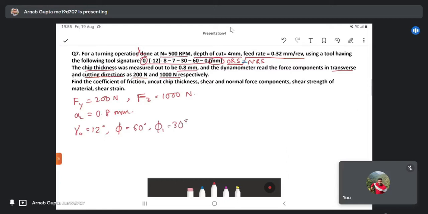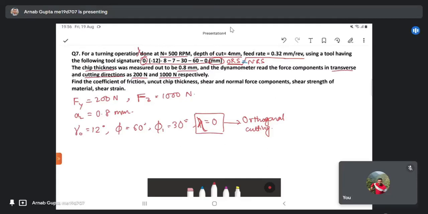These are all the information you know. Since lambda is equal to 0, it is very important to note, you can assume the operation to be orthogonal cutting. Due to the orthogonal cut, you can draw the Merchant circle diagram and find out the different components of forces here.